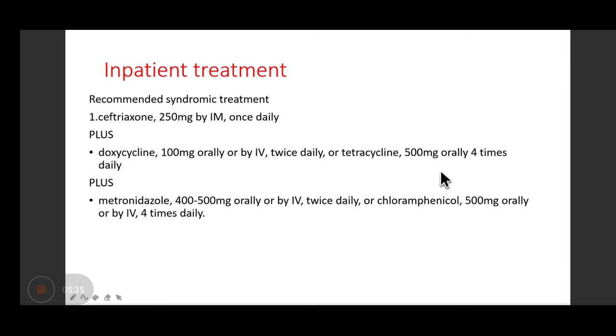Along with this, we give doxycycline, which is 100 milligram orally or by IV twice daily, or if doxycycline is not there, we can use tetracycline. You should know that these two are the same class of drug. And plus we give metronidazole. So metronidazole, you must all be aware, covers your anaerobic infection as well. This is mainly for your anaerobic infections.